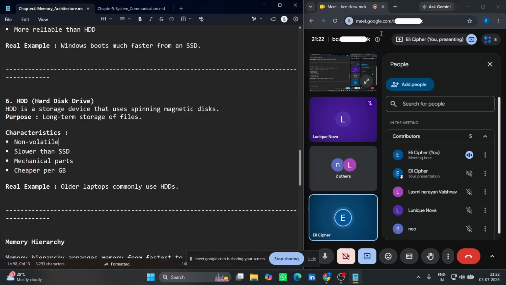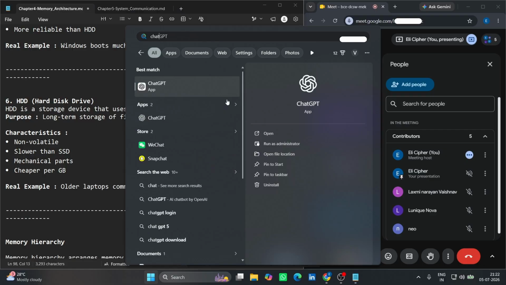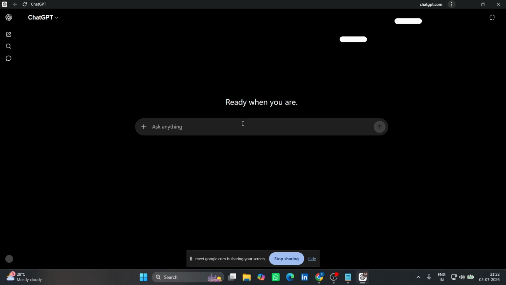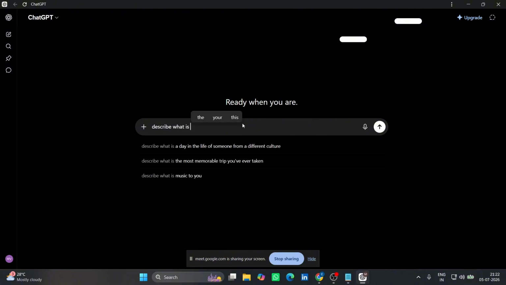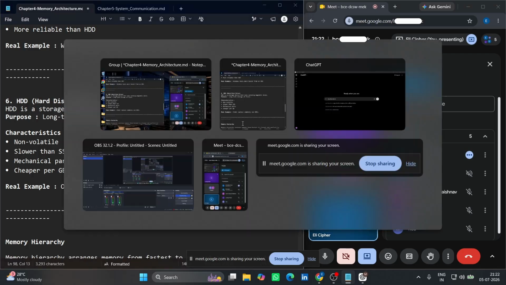I think I should use ChatGPT here to make it simple. What is a spinning magnetic disk?